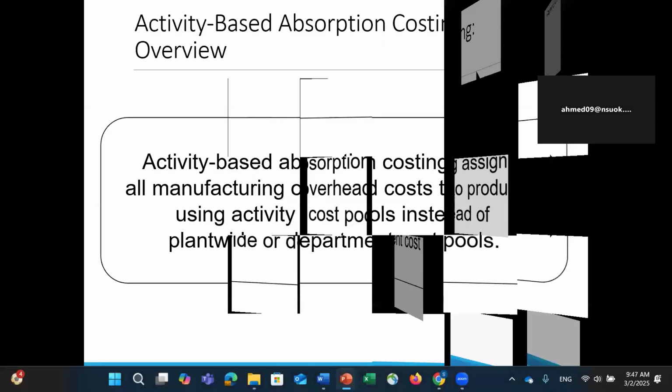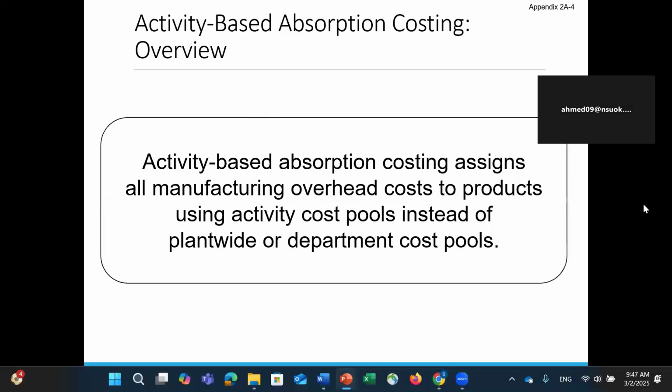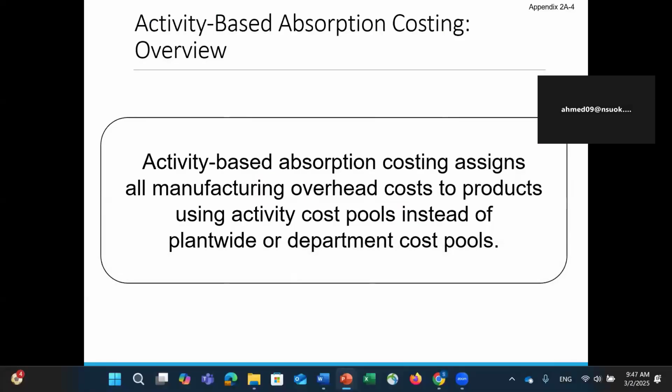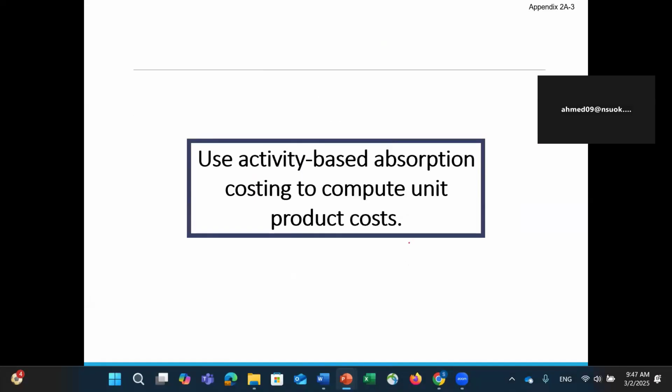Okay, so here what we are looking at is the activity-based absorption cost, which is ABC.